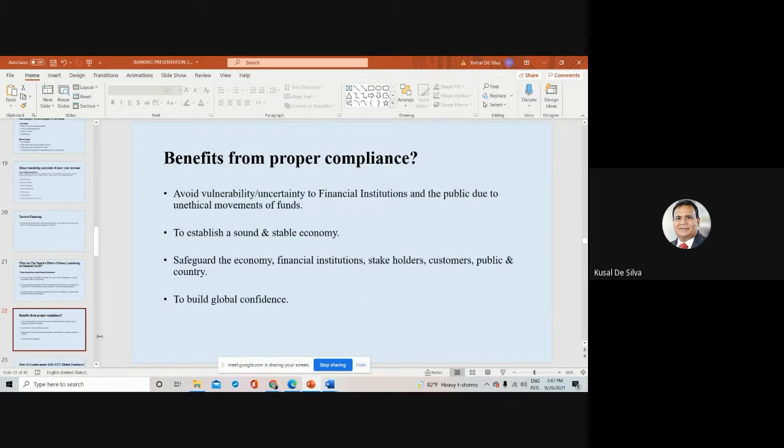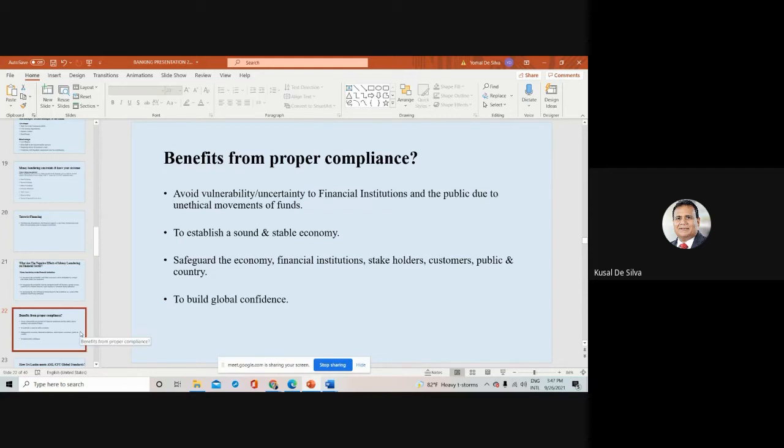Then a lot of investors, even the global financial sector, are very comfortable to associate with the Sri Lankan business community, and come and invest in Sri Lanka. They know the proper systems are in place. They know no illegal activities are taking place. So this is the confidence level in the economy and the banking system, which is very important.